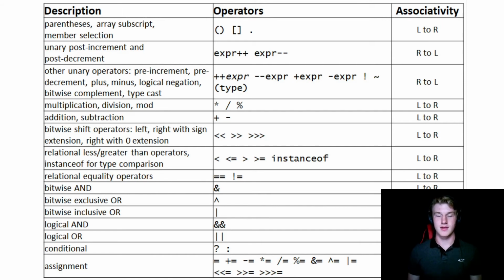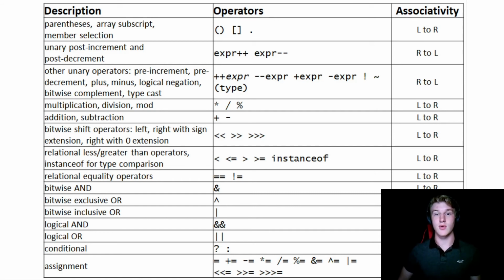Now, post increments and decrements go before pre-increments and pre-decrements, as well as plus, minus, logical negation, aka not, and then bitwise complement and typecast. So we'll get into casting right after lab 5.3, which is next.